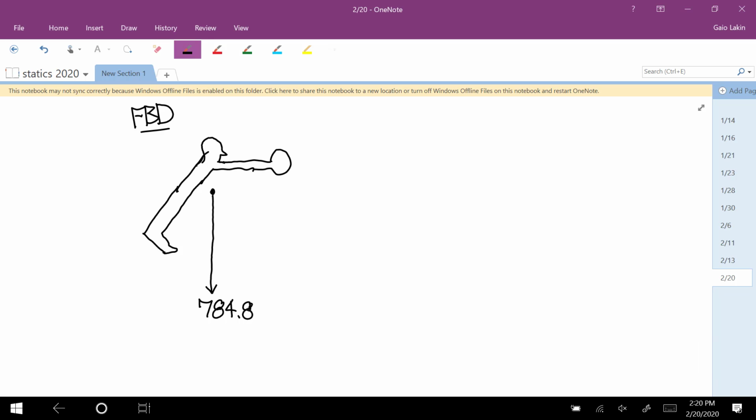Is that right? I think that's right. And then here we have a reaction force RA, and then here at the roller we have a force RB with a known direction.